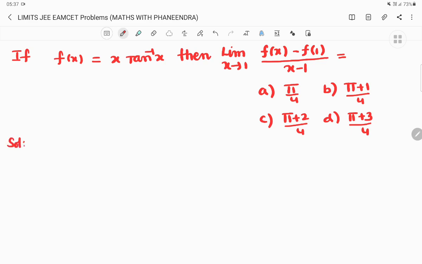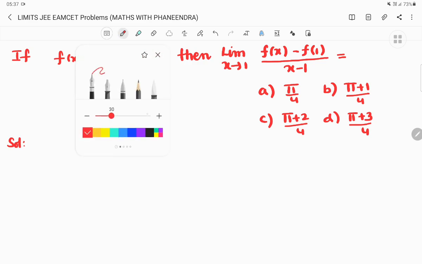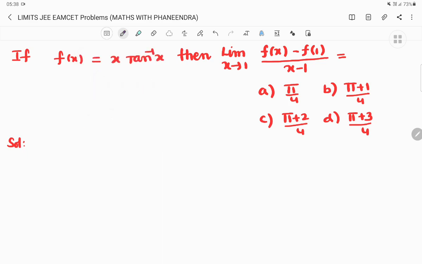So this is also an example for application of L'Hospital rule. So first you have to consider the given limit.